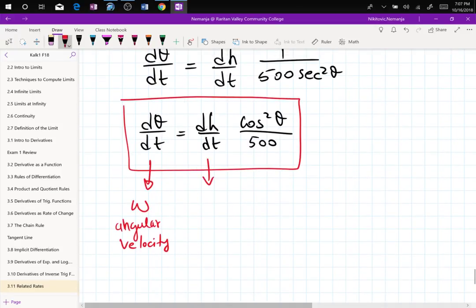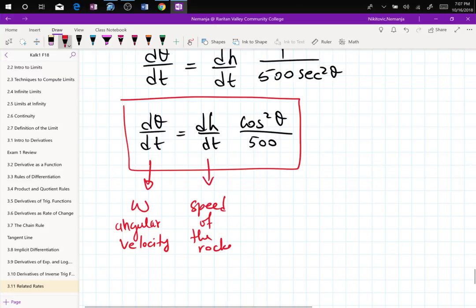This is the speed of the rocket. We know that as well, right? And then the current angle. You will be updating this as it goes up.